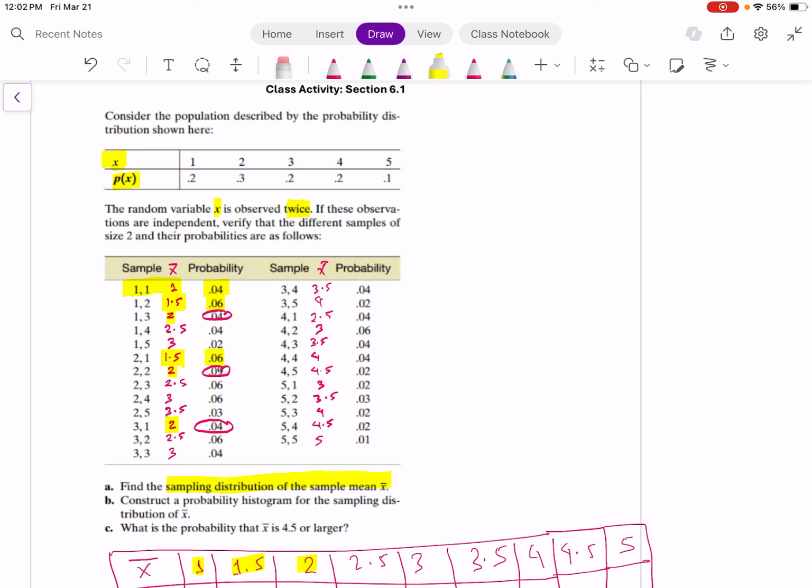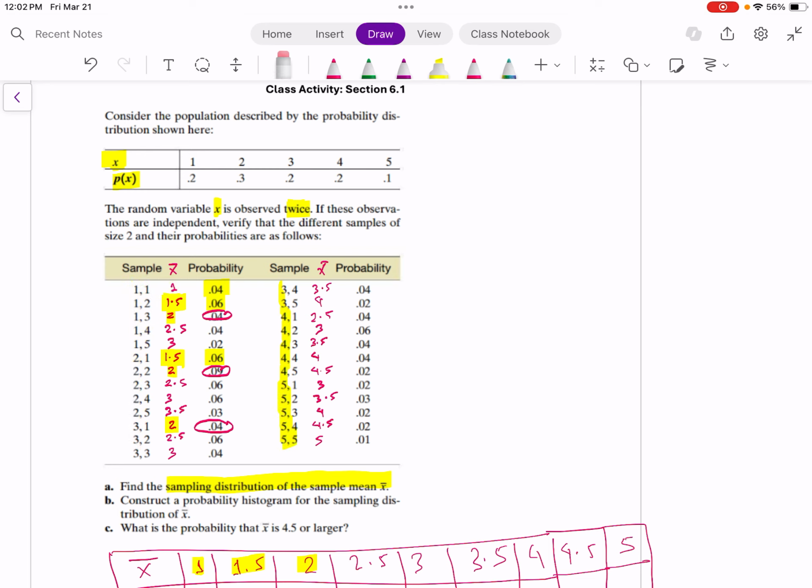We might observe 1 1, 1 2, 1 3, 1 4. So all these are the samples for us. The possible samples we get are these.